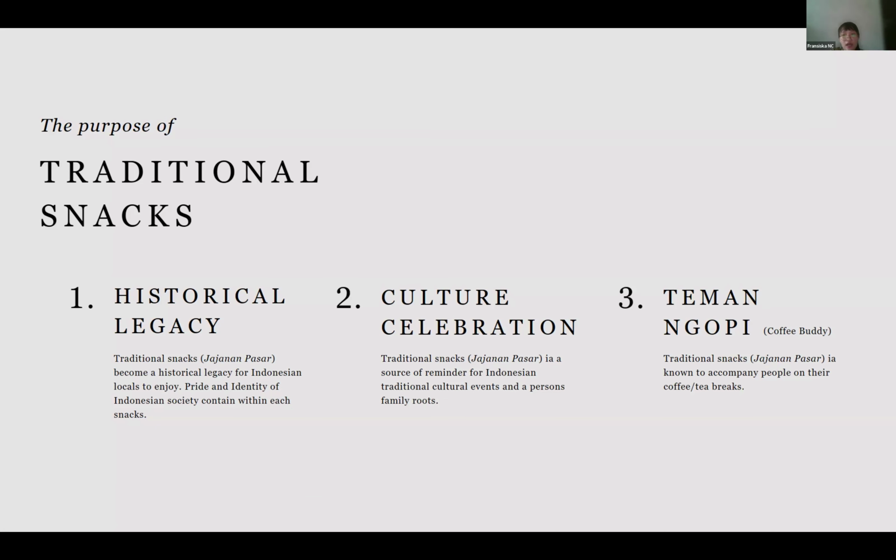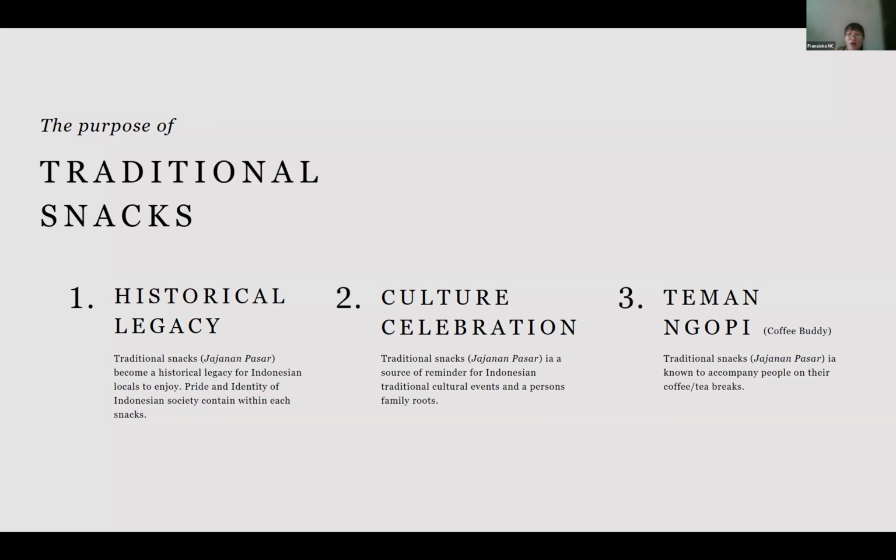The second is pride and identity of Indonesian society contained within each snack. One of the many examples of traditional snacks with meaning is lapis legit. Lapis legit is a sweet and soft layered cake that symbolizes layers of fortune, career, and a better life. By eating lapis legit, it is hoped that you will get good luck and happiness.